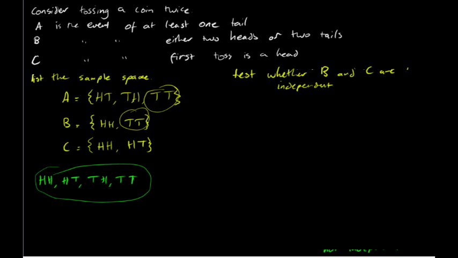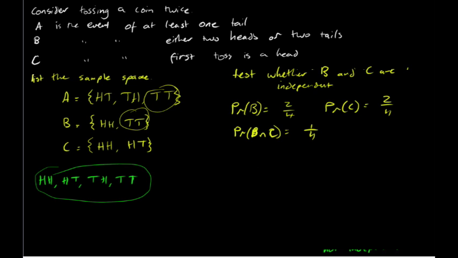So now we're just going to test whether B and C are also independent. So again, we need to find the probability of B, which as before was just 2/4. And the probability of C is going to be pretty much the same, so 2/4. And we can have a look at the probability of B and C. Well, for B and C, there's only heads, heads, so there's 1/4.